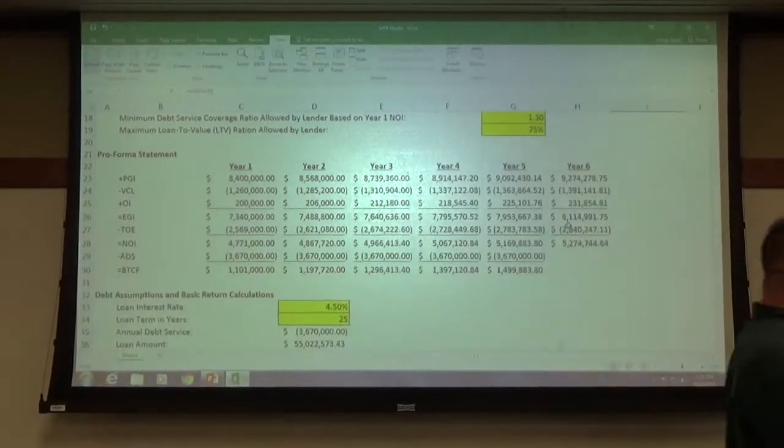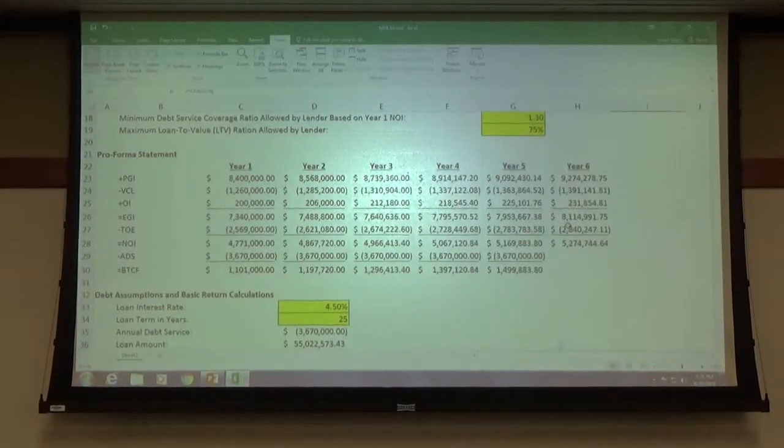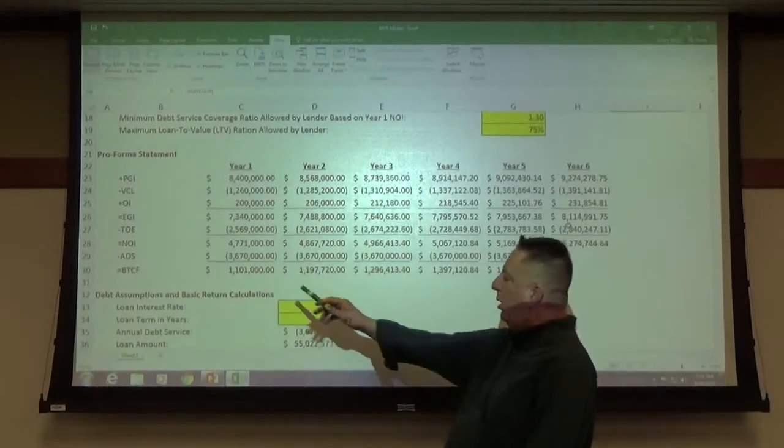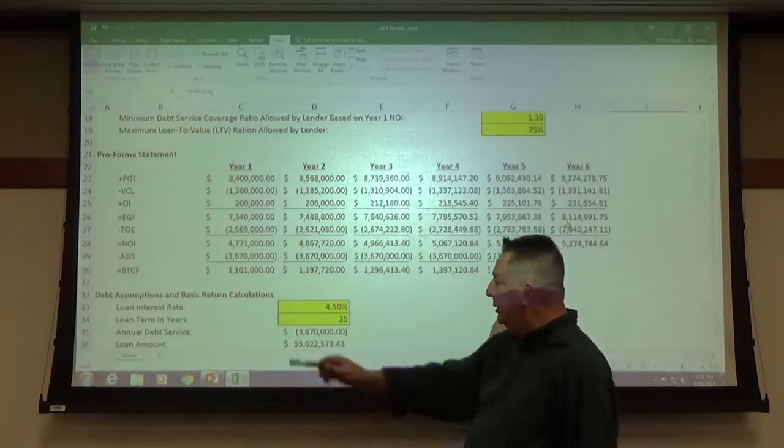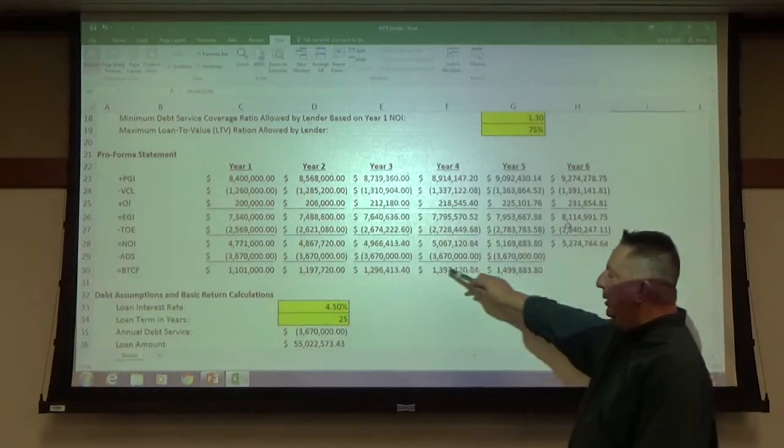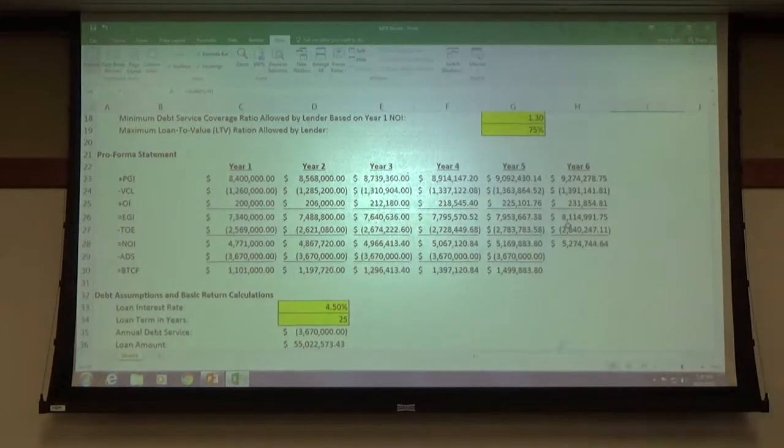That is the number that, once again, if we've got 17 or 16, however many different investors in this project, and we were all jointly involved in the ownership of this project, if we were at equal positions, we would equally share the before tax cash flow.